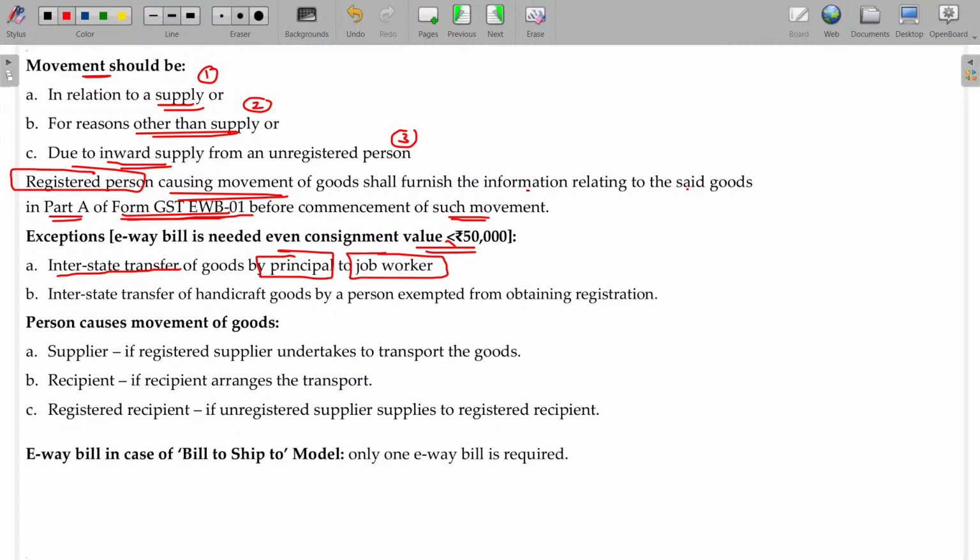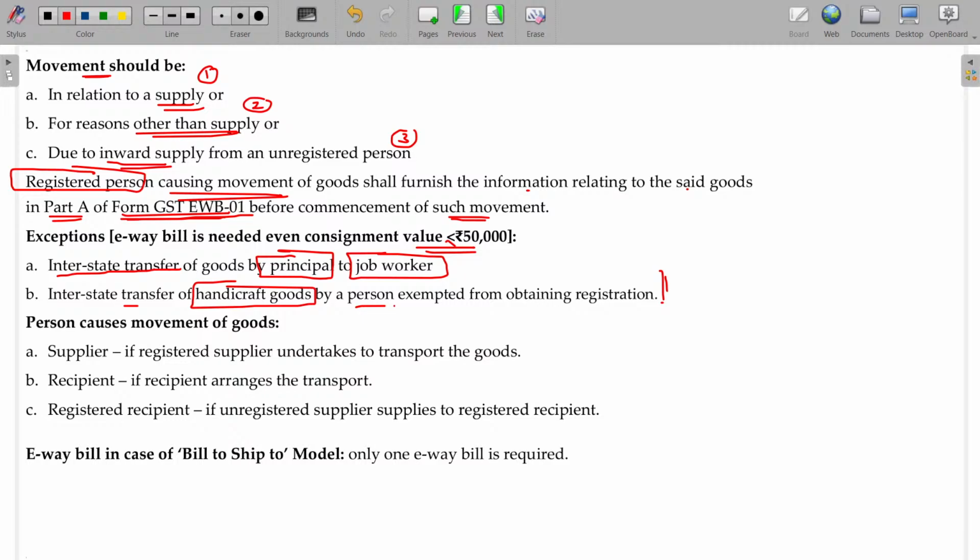If the movement is from one state to another state between the principal and job worker, even if the consignment value is less than 50,000, yet you need to create the e-way bill. Interstate transfer of handicraft goods by a person exempted from obtaining registration. Okay, for a person exempted from obtaining registration, for him also the e-way bill is generated.